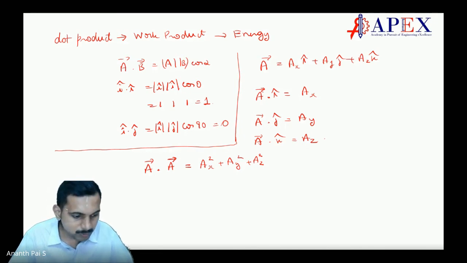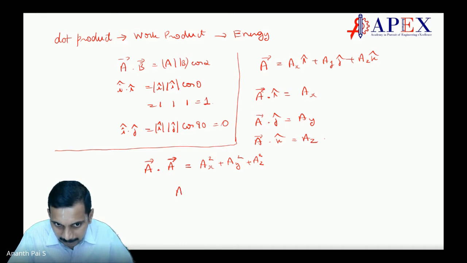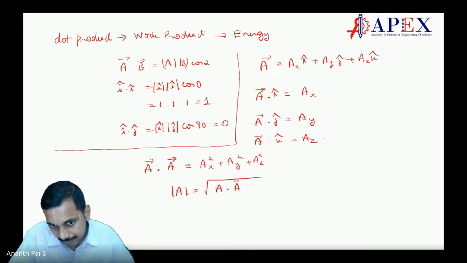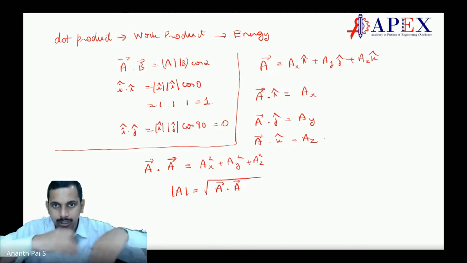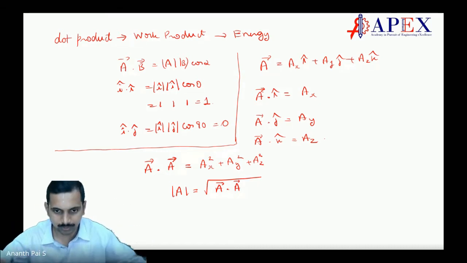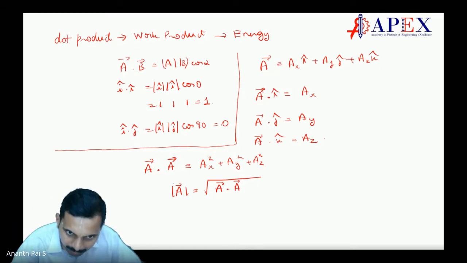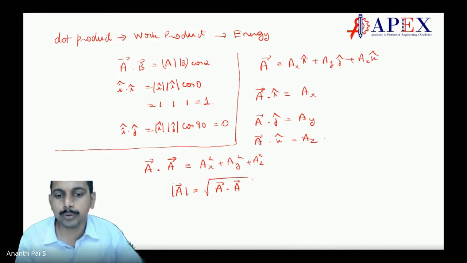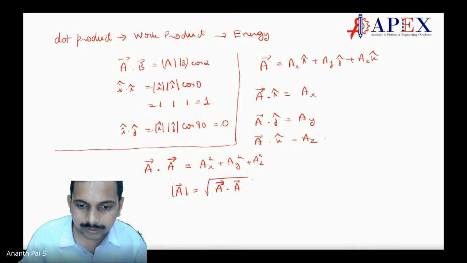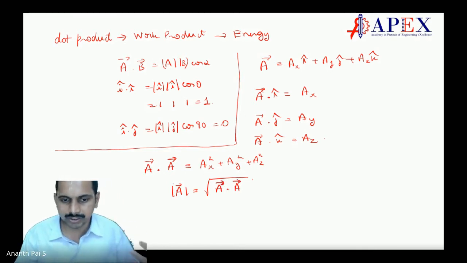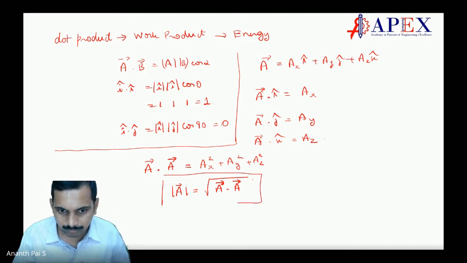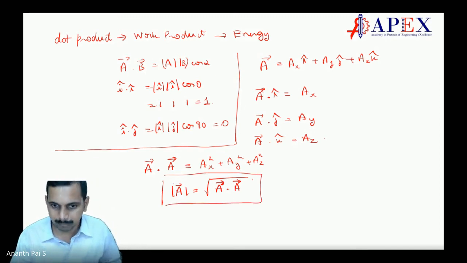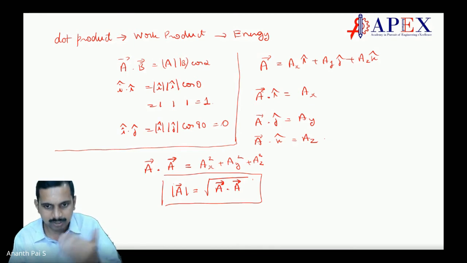So when you say A dot A, that means the magnitude of A is always equal to the square root of A dotted with A. Students, we are churning a lot of things now. So the magnitude of A is the square root of A dotted with A, because the magnitude of A is the square root of AX square plus AY square plus AZ square.